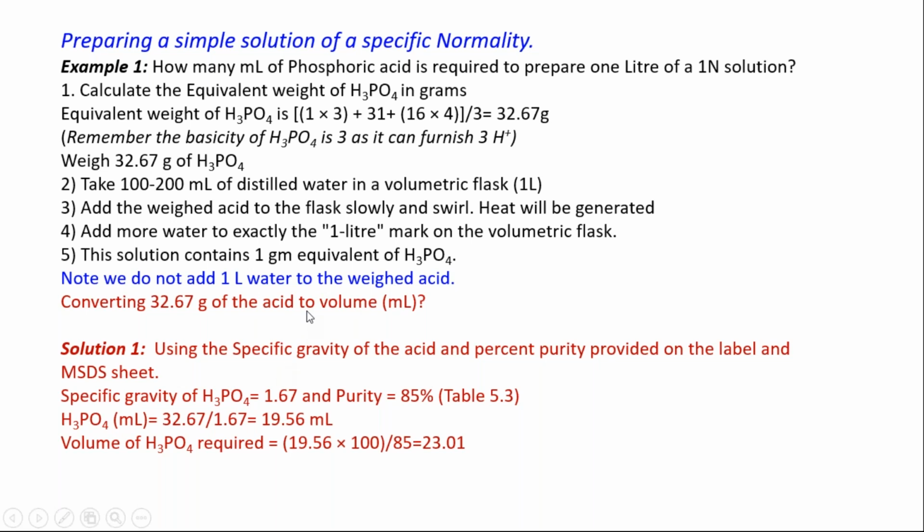You know the specific gravity of phosphoric acid, and you know the percent purity of the phosphoric acid, and using the specific gravity and the purity, you can calculate the number of milliliters of phosphoric acid required to make this solution. So you will see that you require 23.01 milliliters.